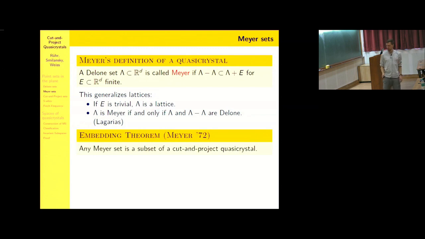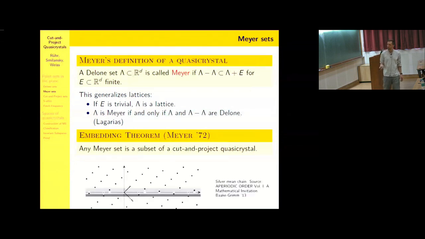Okay, so what did Meyer do with such a set? He proved that any Meyer set is a subset of some cut and project quasicrystal. So I have to tell you what a cut and project quasicrystal is. We've seen this construction in Amos' talk. Here we take the lattice in R2, which comes from this square root 2 construction, and look at its involution.